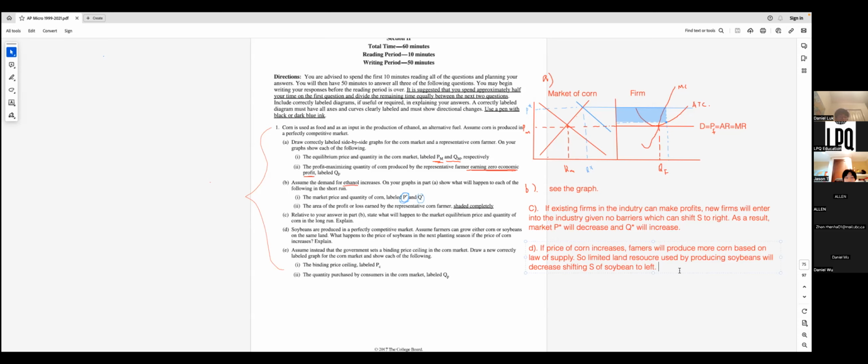Okay, so if the supply for soybean shifts to less, then finally the price of soy will actually increase in the next planting season.